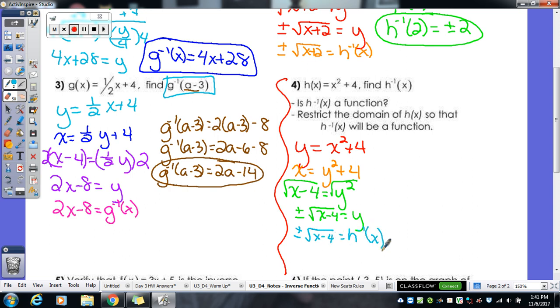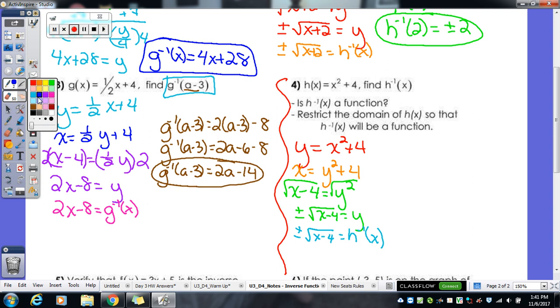So then I'm going to put it back into my function notation. So h to the negative 1 of x equals plus or minus the square root of x minus 4. So that was our first part. They wanted to know what the inverse was. There's our inverse. We found it.